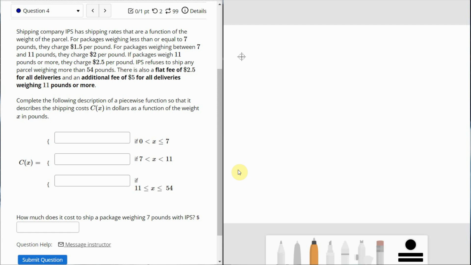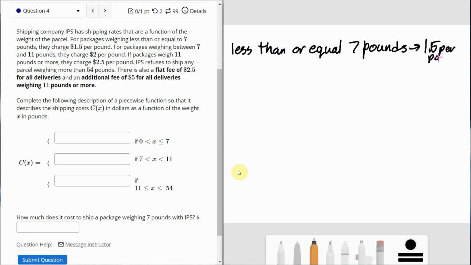It says that for packages less than or equal to 7 pounds, it's 1.5 per pound.